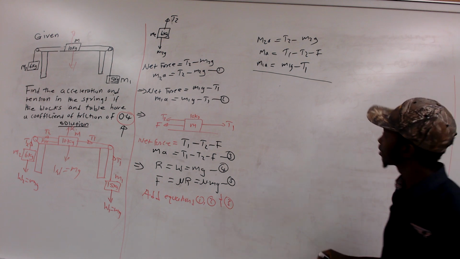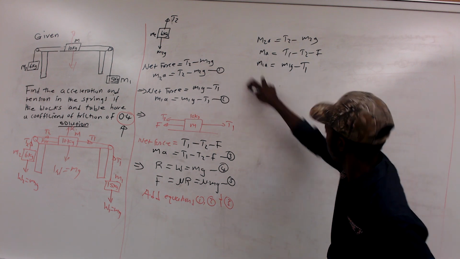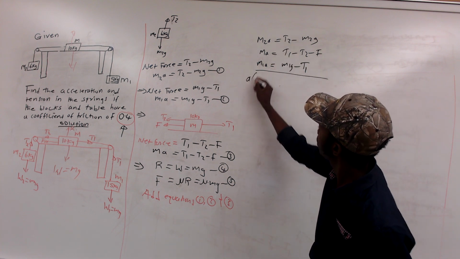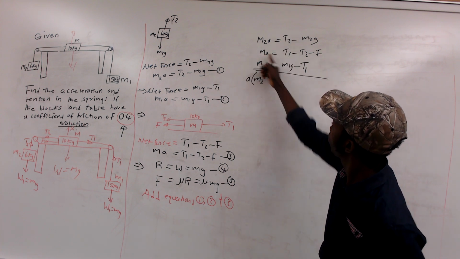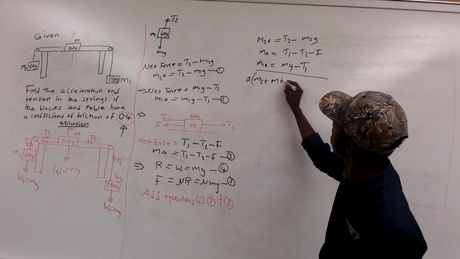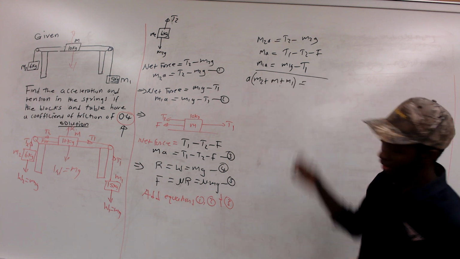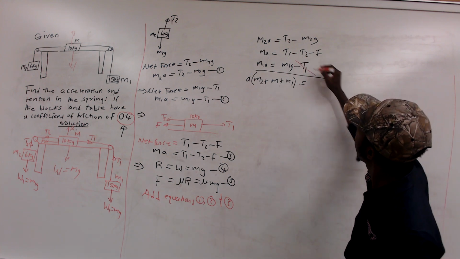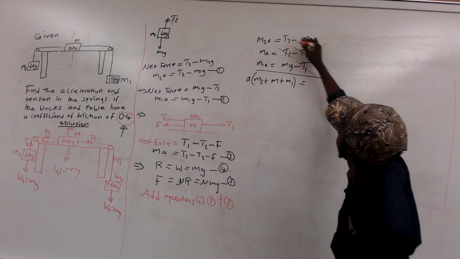If we add these 3 equations, A is common, so we factorize A, and it's going to be M2 plus M plus M1. Let's look at the right side carefully. Minus T1 will cancel T1, and minus T2 will cancel T2.